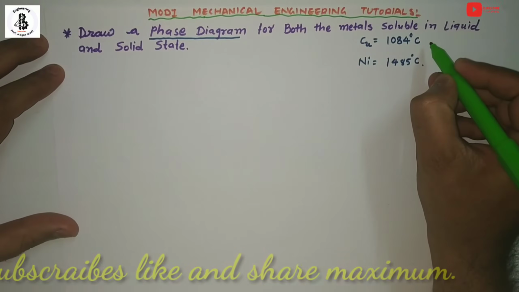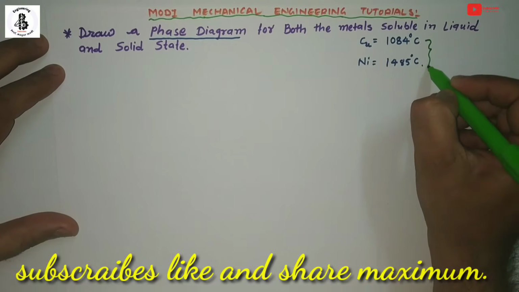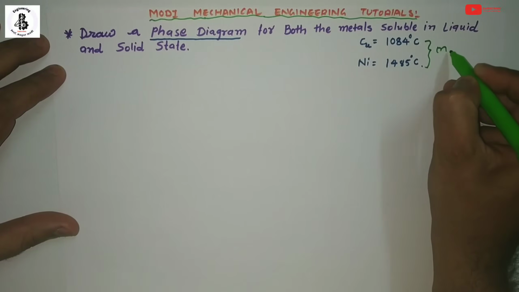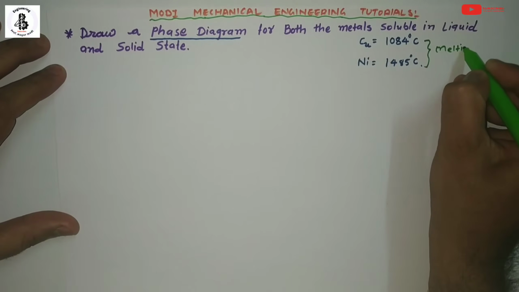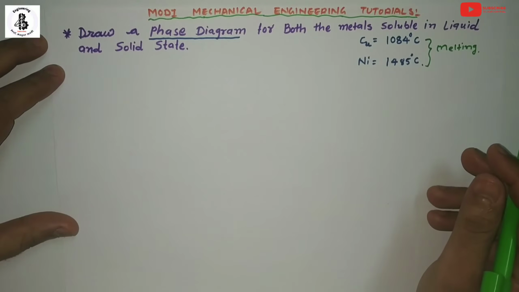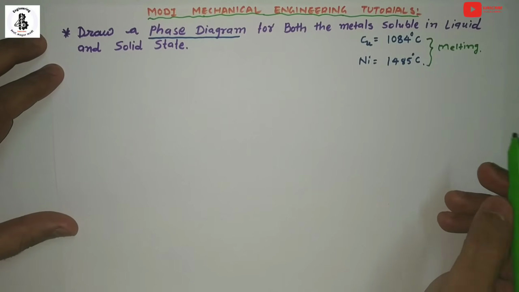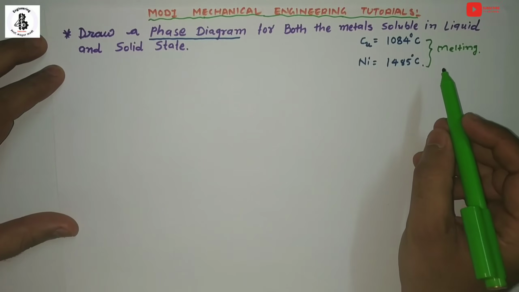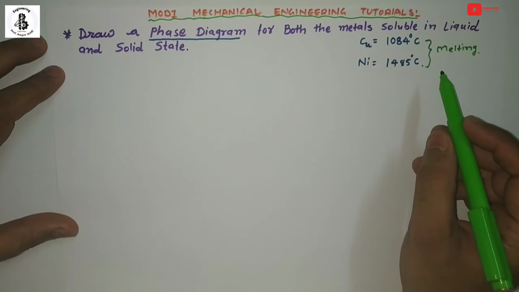These are the melting points of both the metals. Melting point generally represents the temperature at which all the solid phase converts into the liquid phase.